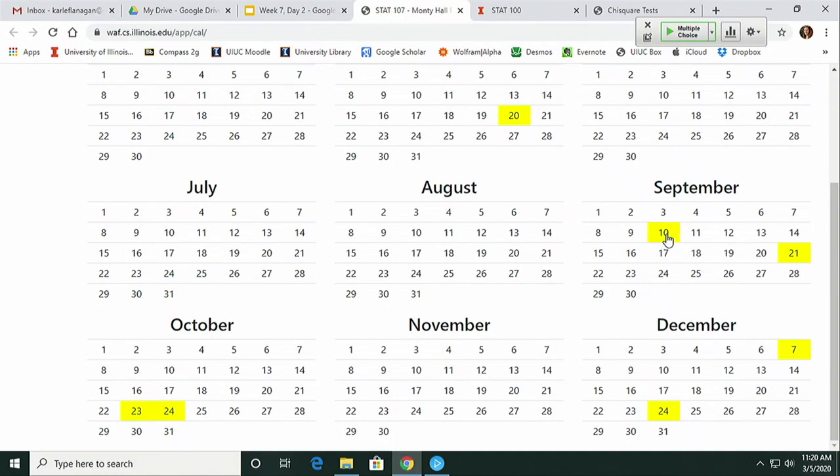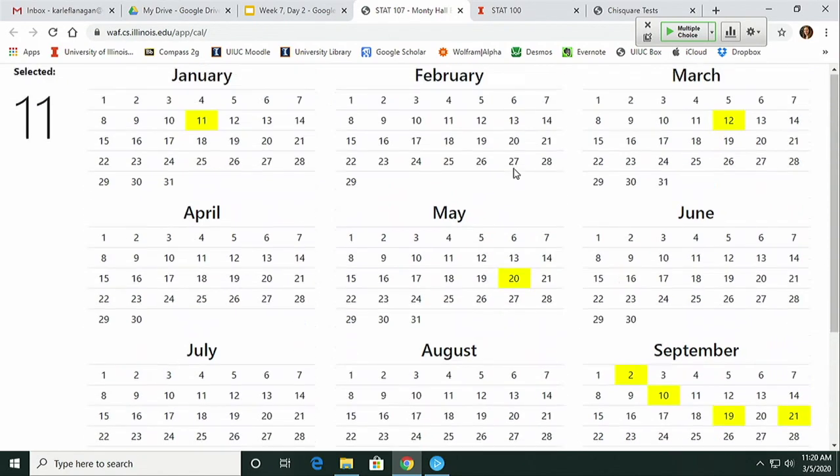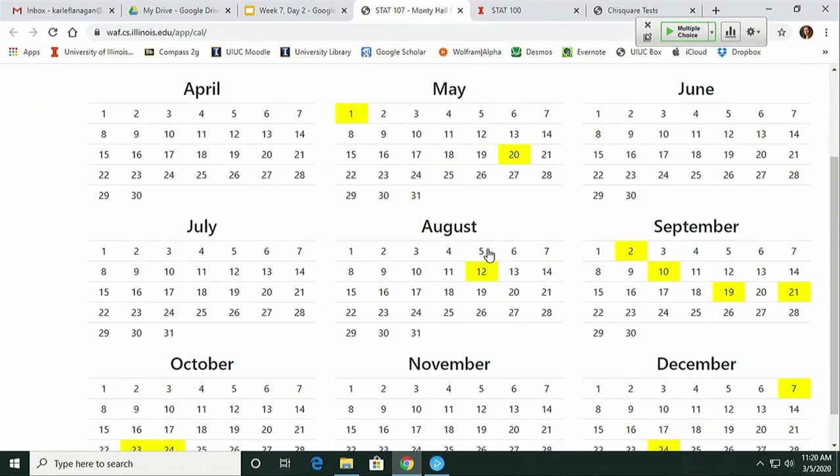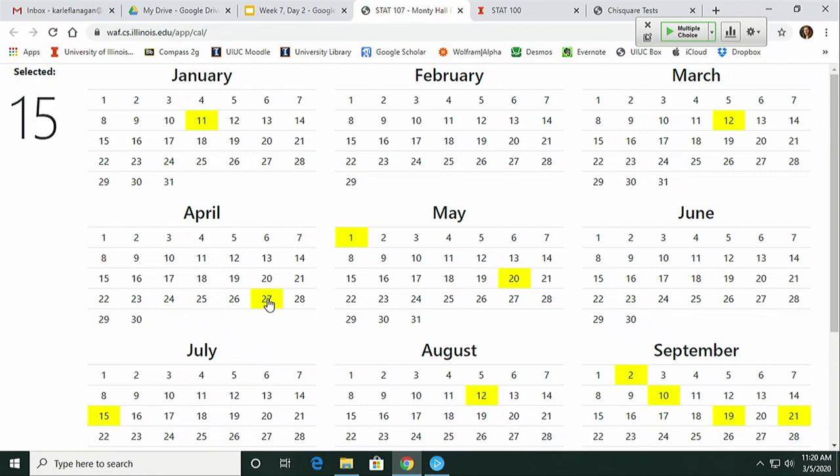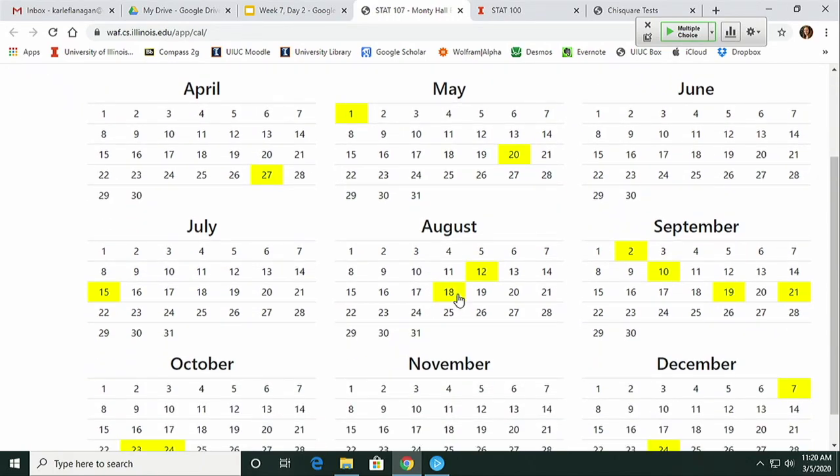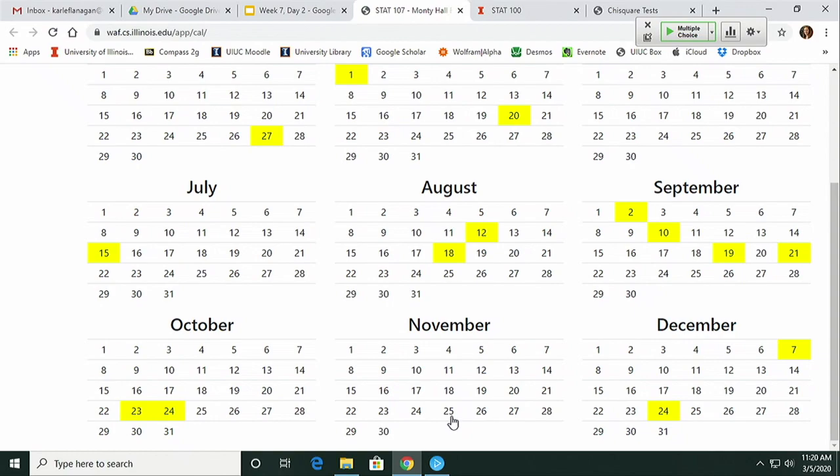September 19th. September 2nd, wow. Hi, September. May 1st, August 12th, July 15th, April 27th. Hold on, even if there's a match, we're going to see in a group of 100 people. August 18th. Ooh, we're going a long time. November 25th. November 30th. August 2nd.